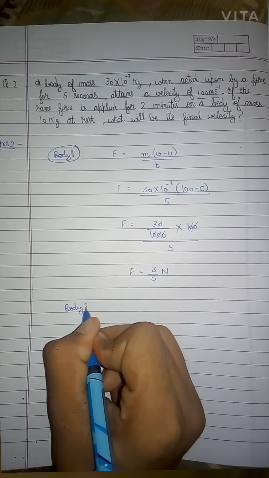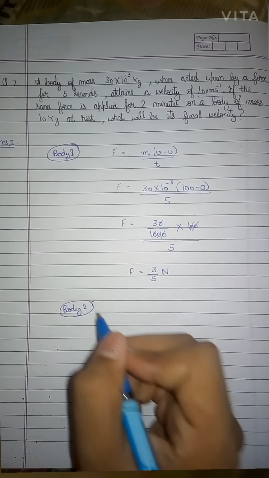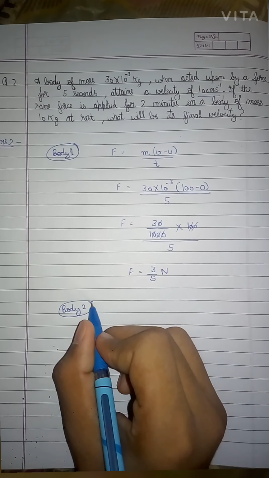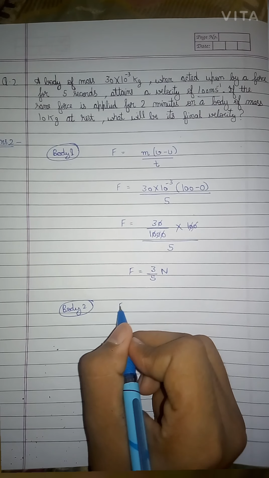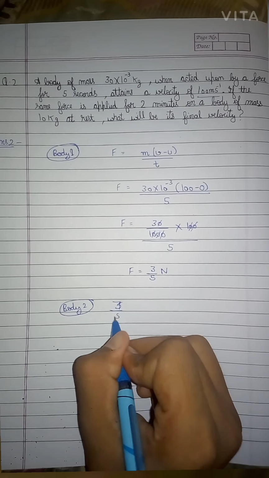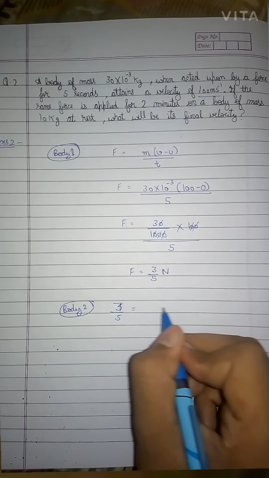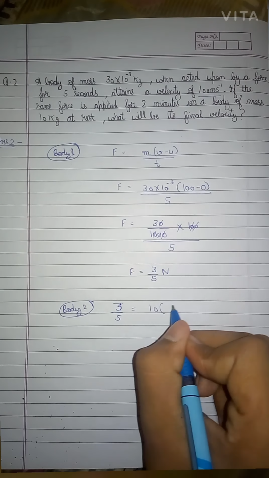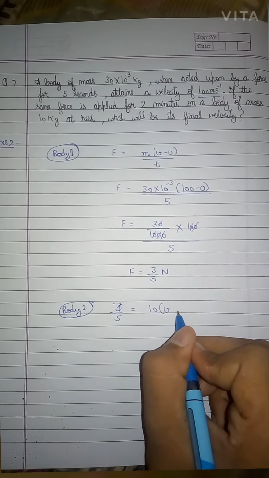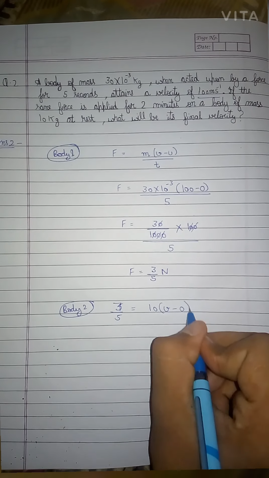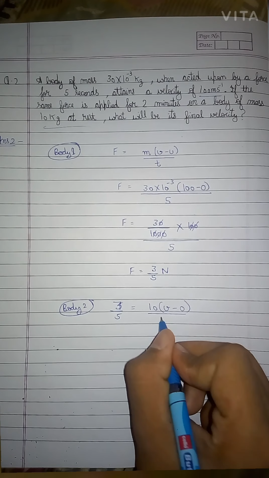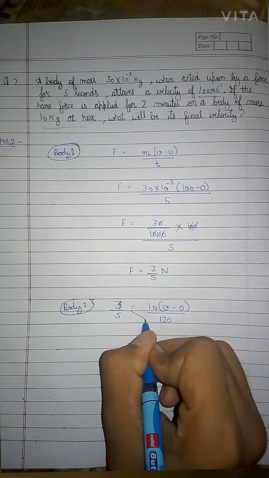and we will apply this 3 by 5 Newton force on the body 2, that is F, 3 by 5, is equal to m(v minus u) by t, with m 10. Final velocity we don't know, that we have to find, and initial velocity is 0 because it was at rest, upon time t 2 minutes. 2 minutes means 120 seconds in SI units.